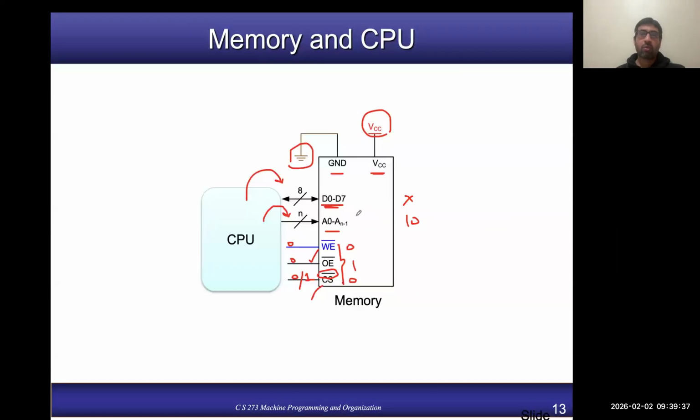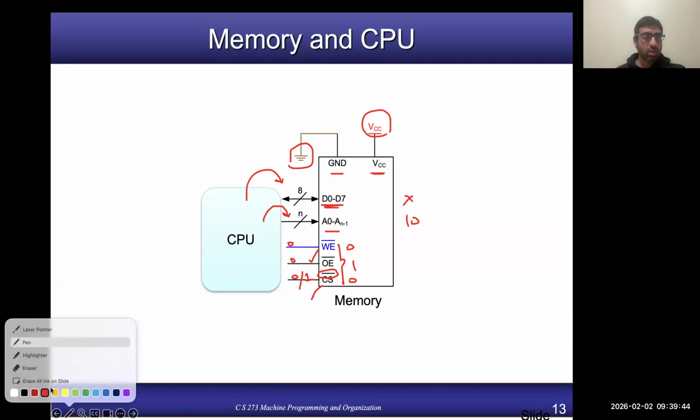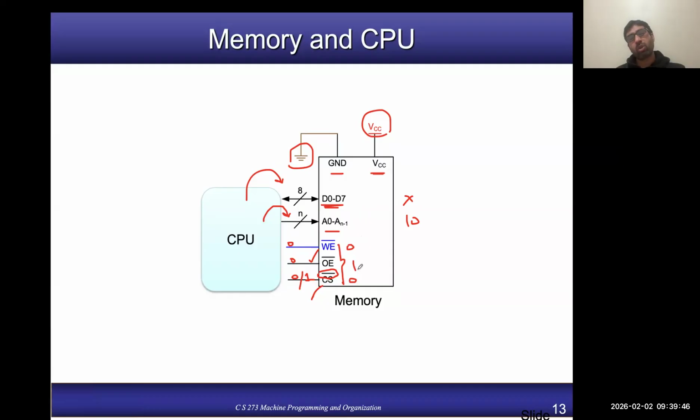Okay. And when you want to read, what will happen? Let me simply change the color. Let's say the CPU wants to read data from the memory. Again, chip select will be set equal to 0 so that the memory chip is enabled. Now output enable will be 0, which is basically read enable, and write enable will be 1, which means write is not allowed.